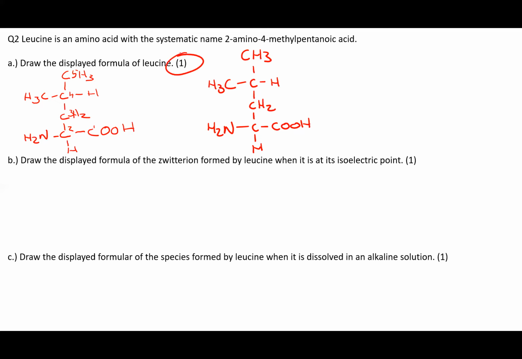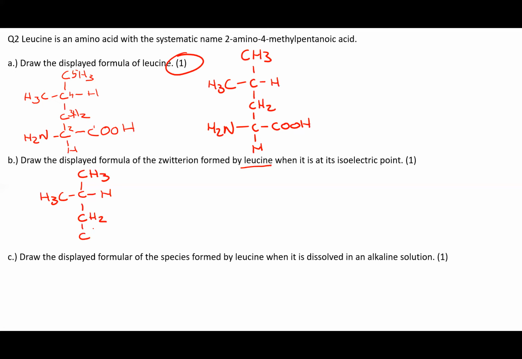So you're then asked to draw the displayed formula of the zwitterion formed by leucine when it is at its isoelectric point. So this part of leucine is not going to change. Again, your methyl group, not going to change. This is still going to stay the same. 3rd carbon, going to stay the same.